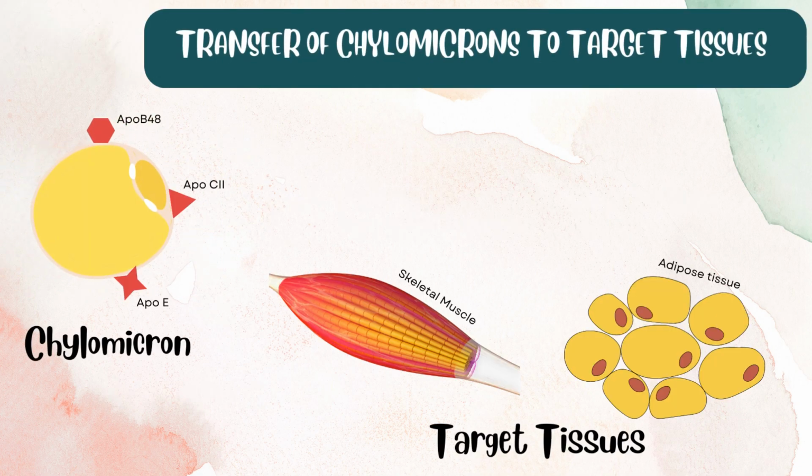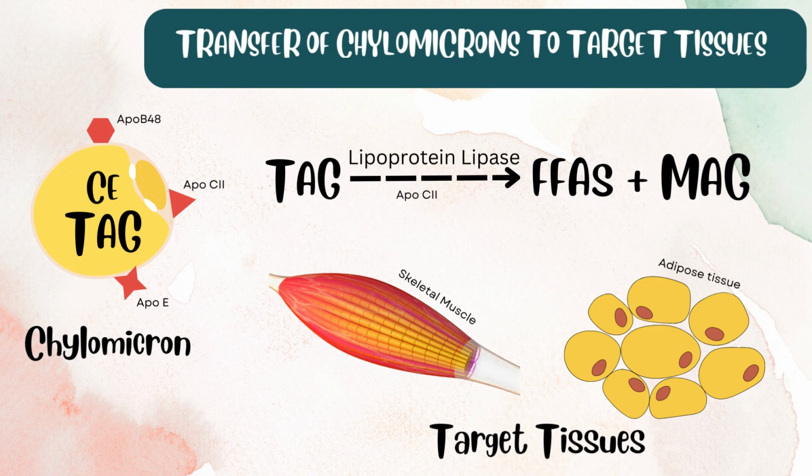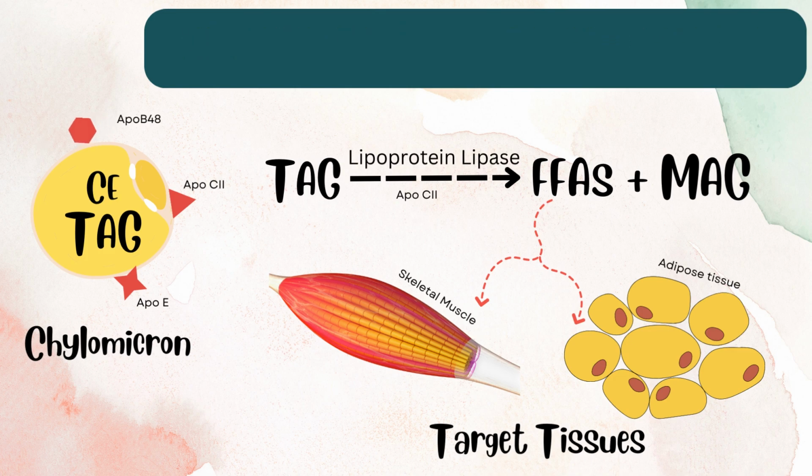Chylomicrons reach adipose tissue and muscle, where lipoprotein lipase present on the endothelial lining of capillaries hydrolyzes triglycerides into free fatty acids and monoacylglycerol. Free fatty acids are then taken up by adipocytes and muscle cells for energy metabolism.